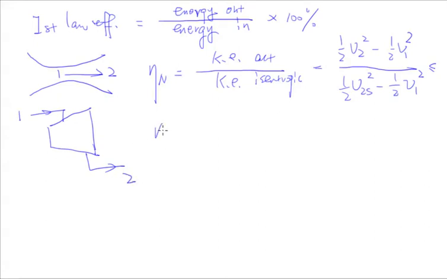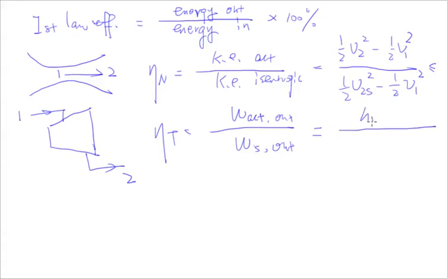So turbine efficiency is the actual amount of work output over the amount of output during an isentropic process. So that is H1 minus H2 over H1 minus H2 isentropic, and it is also less than or equal to 1.